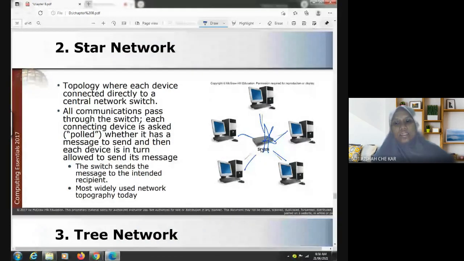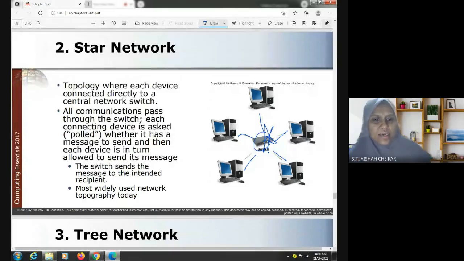The switch will determine which client or which device takes a turn on the network. Okay. So each device has an equal chance to ask for permission to use the network.